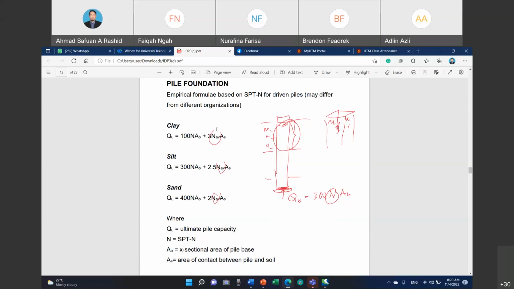Sebab kalau kat site, normally we can gain a lot of data from the SPT rather than we need to get the undisturbed sample and then submit to the lab and then carry out the lab testing. So the information from the lab is less that we can get compared to the field data.